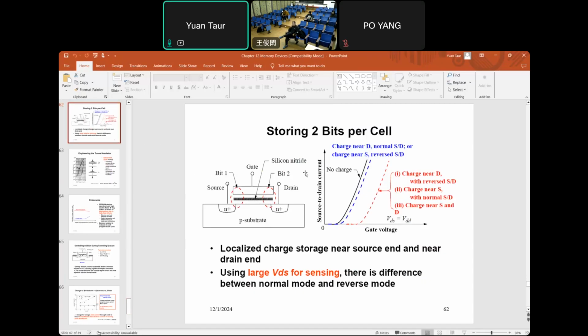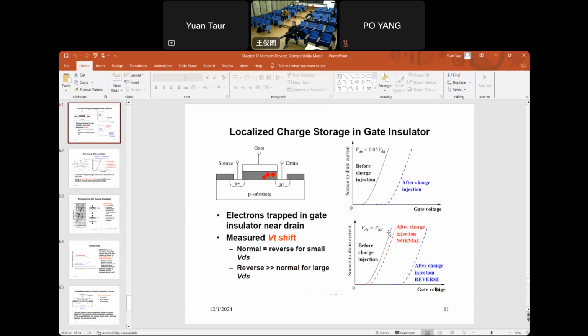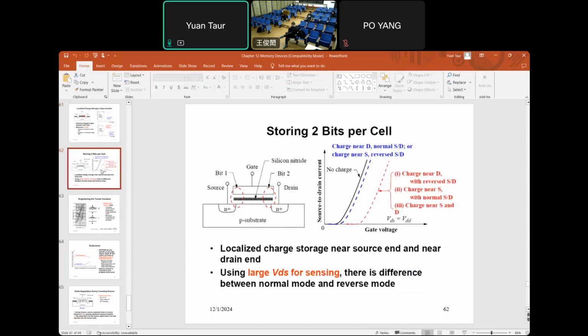We use this measurement to distinguish whether the location of the charge is near the source or near the drain. So for example, there will be four states.